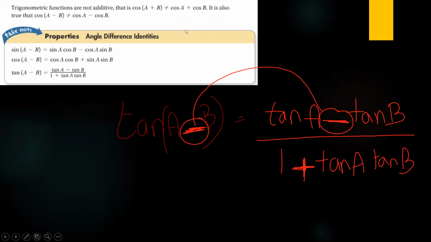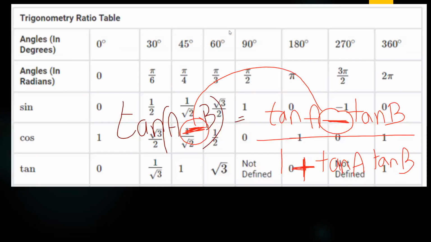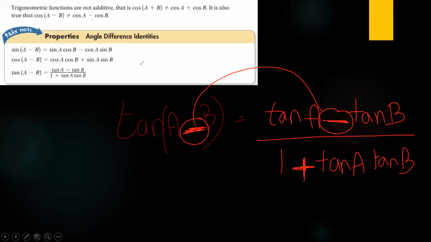So if you have a minus sign for two angles in cosine, you cancel it and make them plus. But for the sine and tan, you keep the minus sign, here and here.